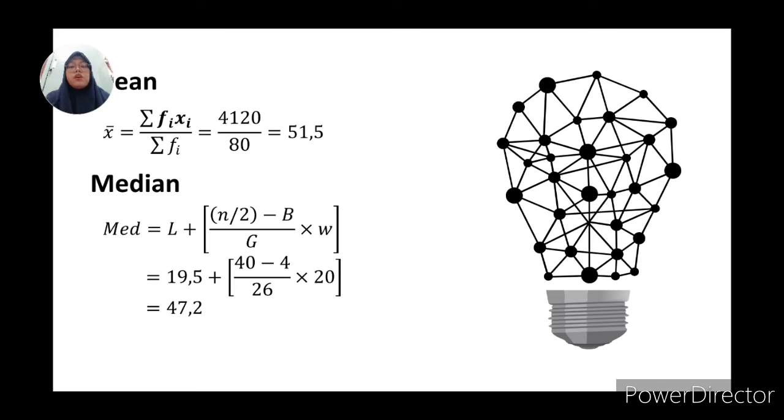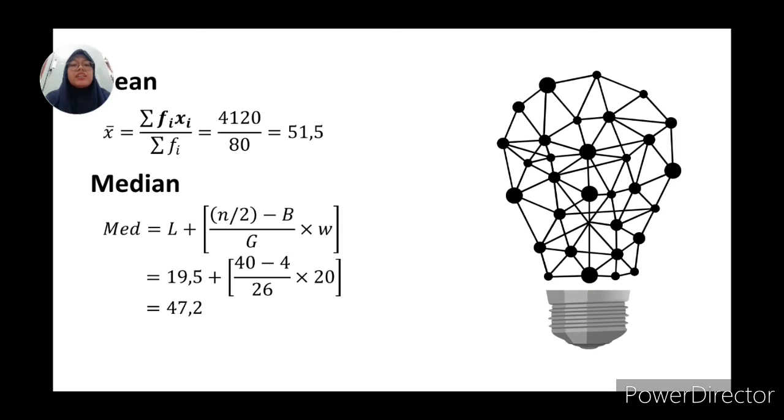Median. Find the median first by multiplying 1/2 times n. N is the total number of data. Half times 80 equals 40.